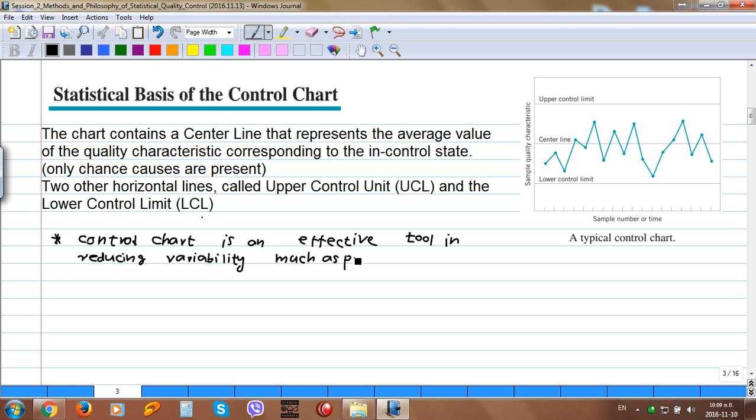So we are using control charts to reduce variability as much as possible.